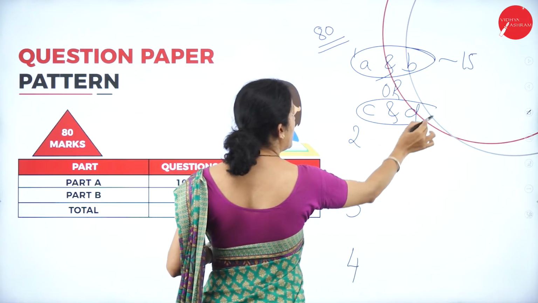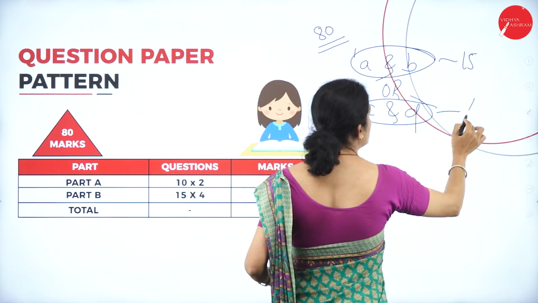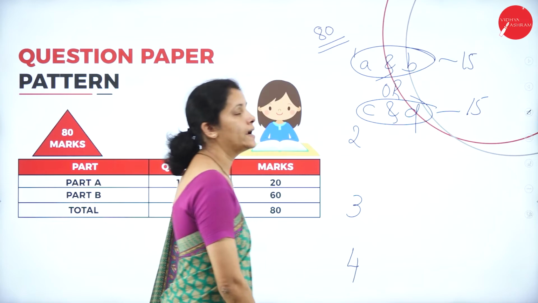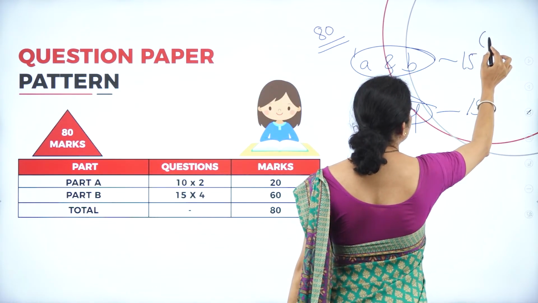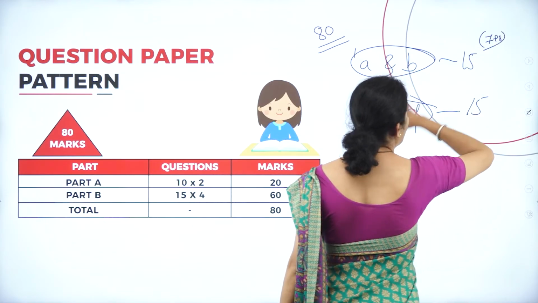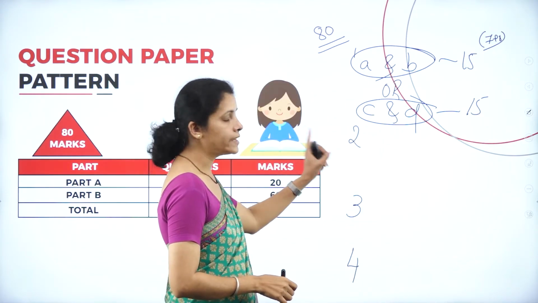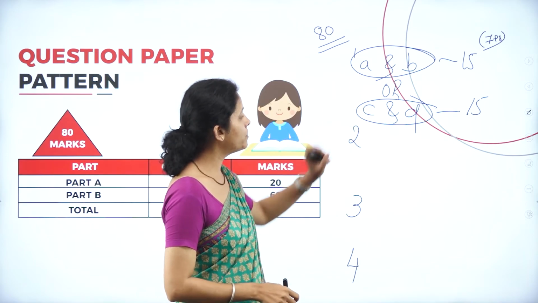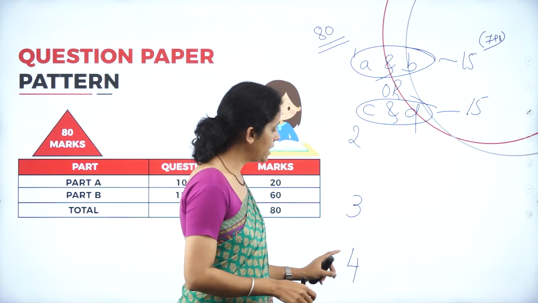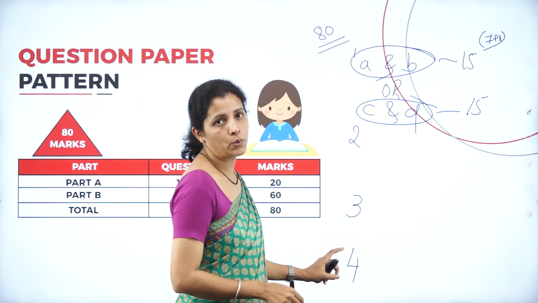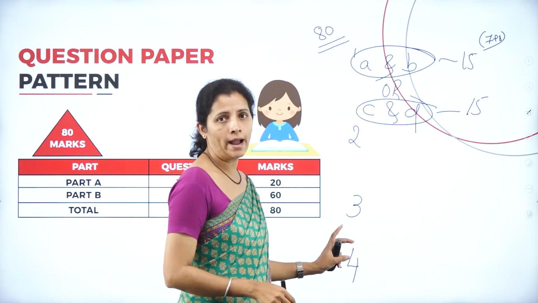Here C and D is also for 15 marks. And this 15 marks is further divided into 7 plus 8. If I consider the second main question, same format. The third main question, same format. And the fourth main question, same format.